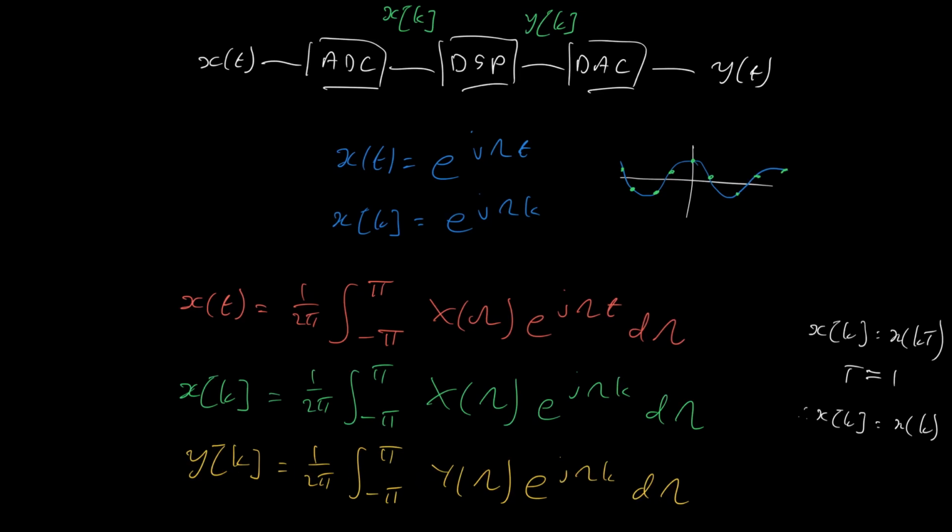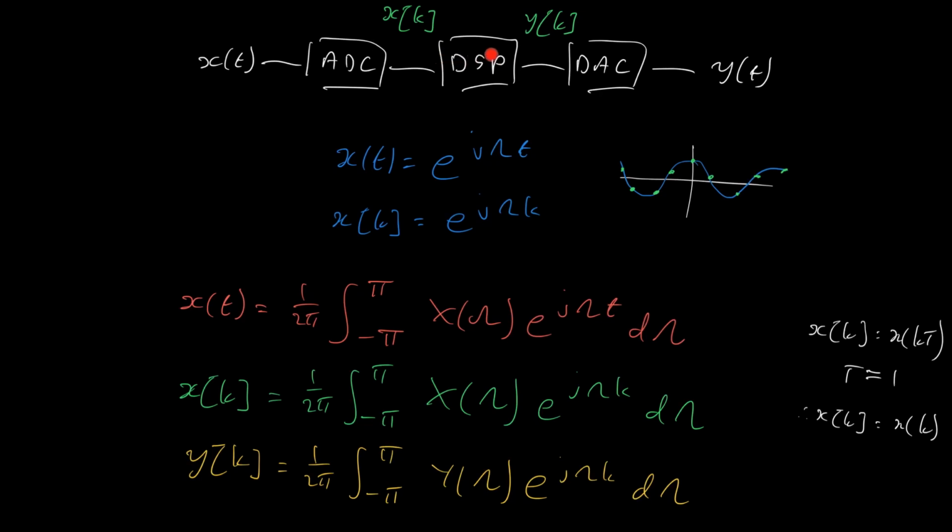And this allows me to write y as a sum of sinusoids, all of them having a small frequency close to 0. The crucial fact about this representation is that I know that when y of k goes through this D to A converter, y of t is going to be given by this exact same equation, just with k replaced by t. That is the key point.